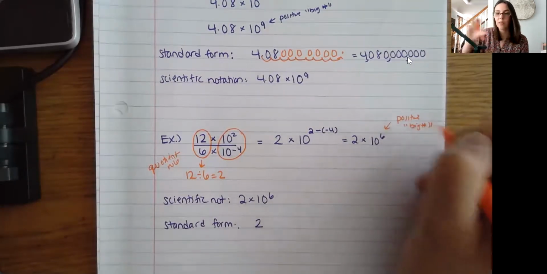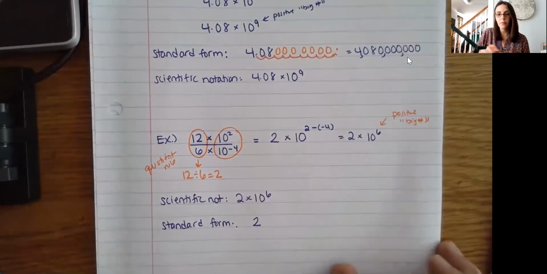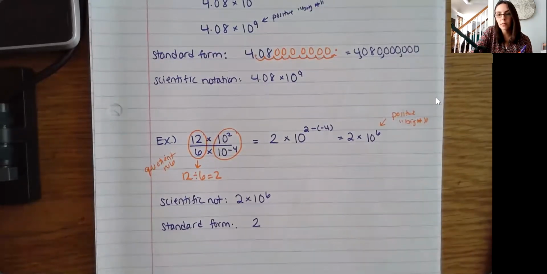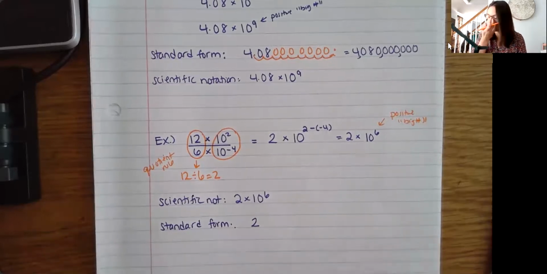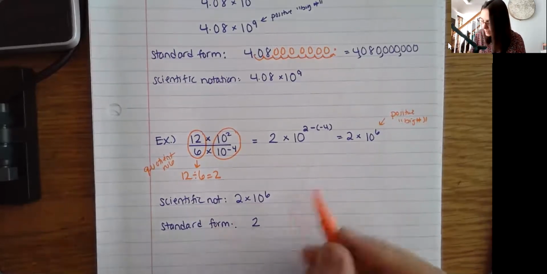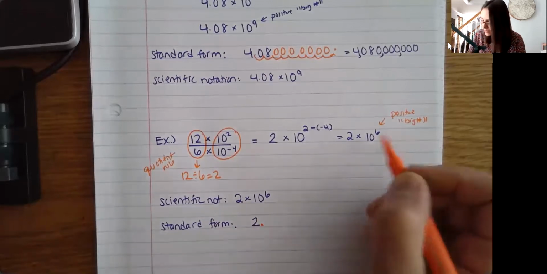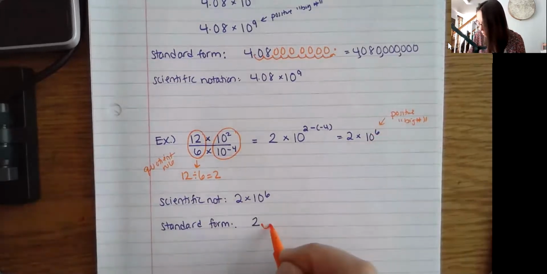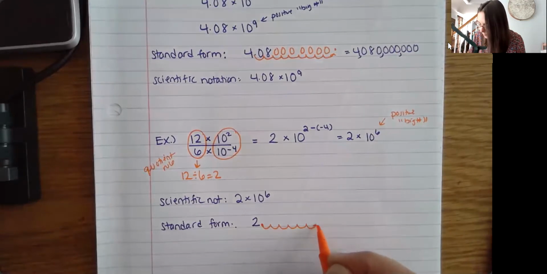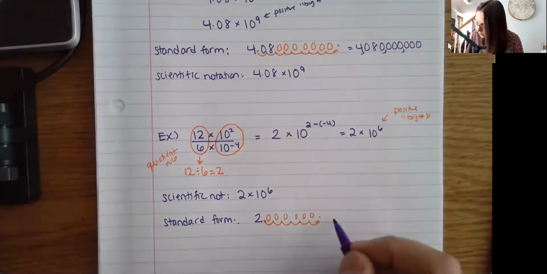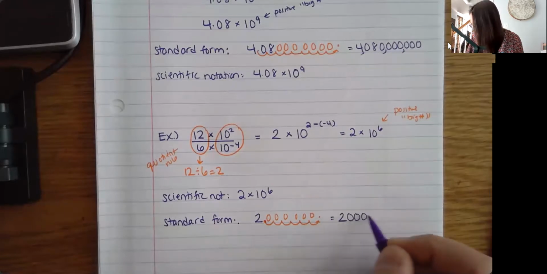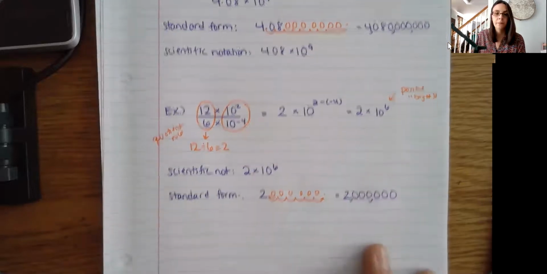So I'm going to end up moving this to the right. So I take that 2, my decimal point would be on the right, and I'm going out 6 places. 1, 2, 3, 4, 5, 6. So I have 2 million.